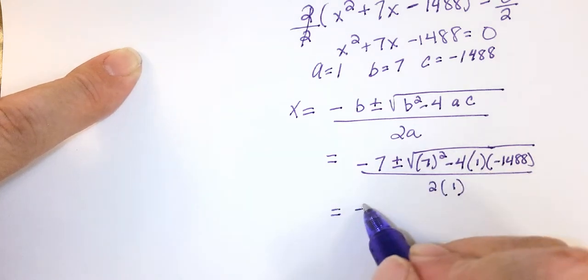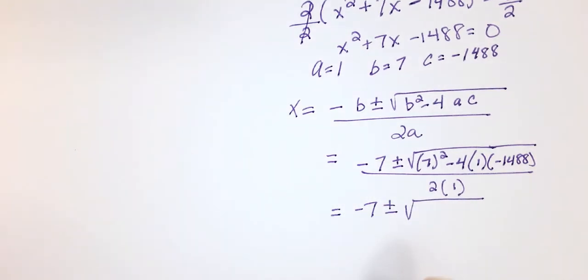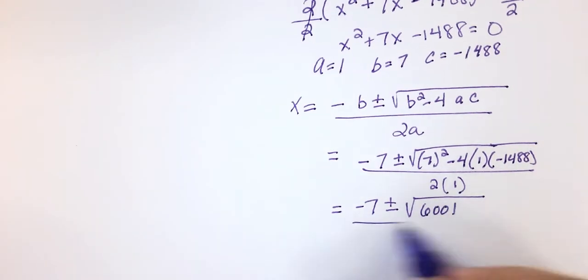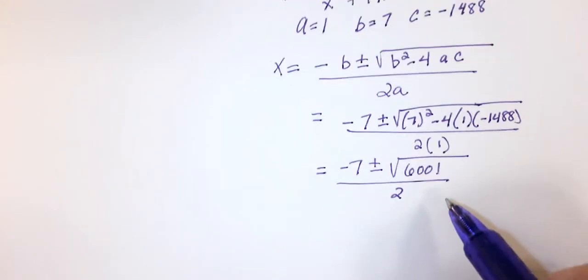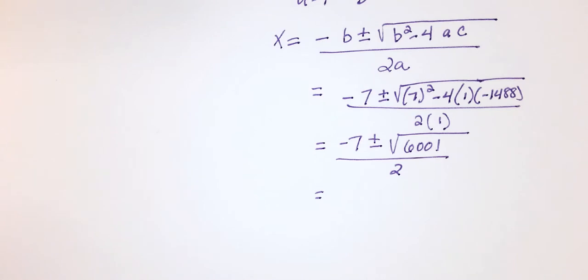So I get negative 7 plus or minus the square root, and when I put that in the calculator, I get, let's see, 6,001 divide by 2. And then I put this in the calculator and try to figure out, can this give me a perfect square?